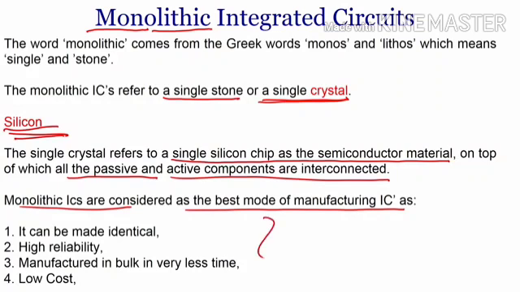Let us see once again: it can be made identical, high reliability, manufactured in bulk in very less time, and finally low cost. Together, these parameters make monolithic ICs the best mode of manufacturing.